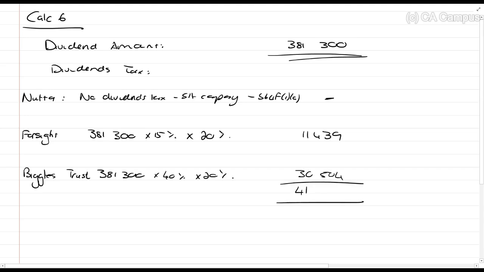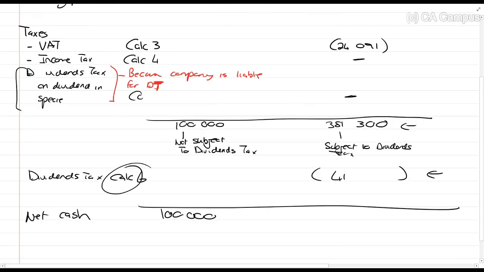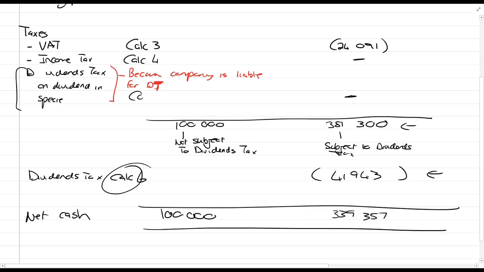Gives us 41,943. That 41,943 gets deducted. And it gives us 339,357.